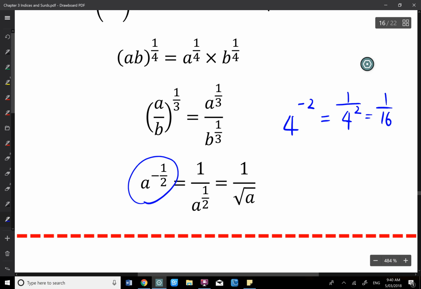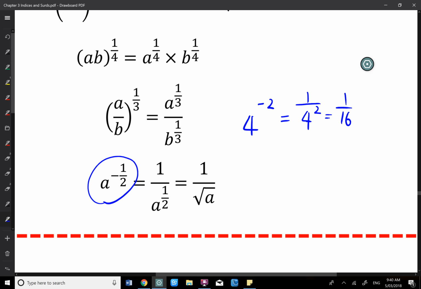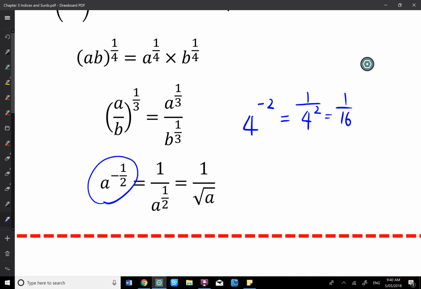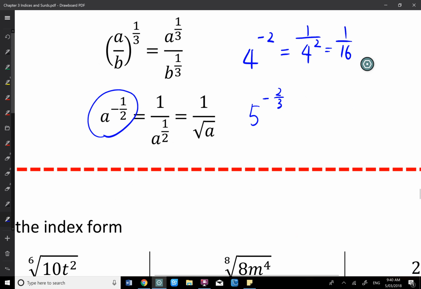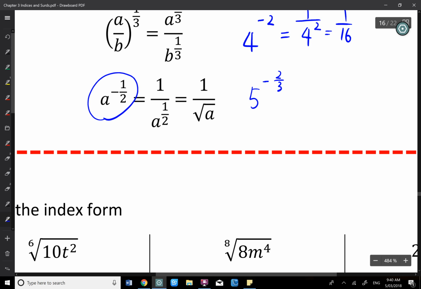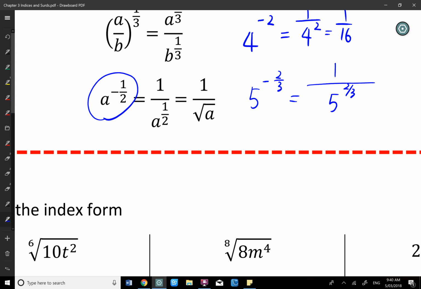Now, if you have a rational number here, for example -1/2, well, let's take an even more complex one, for example 5 to the power of -2/3. Remember, the negative is always done as 1 over something. So this can be written as 1 over 5 to the power of 2/3. Just get rid of the negative by going 1 over, and whatever is left, you just copy.